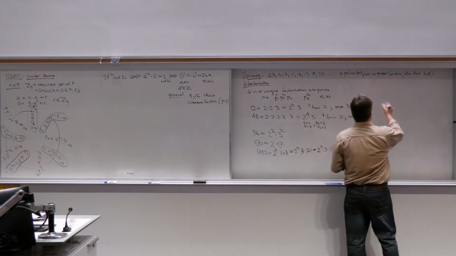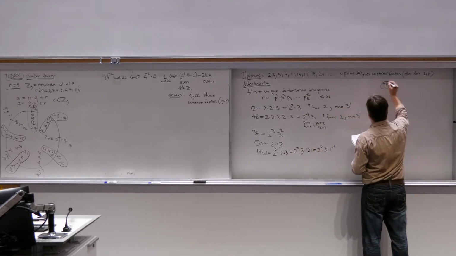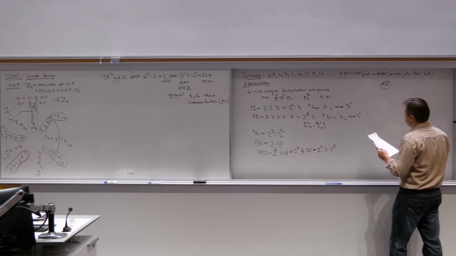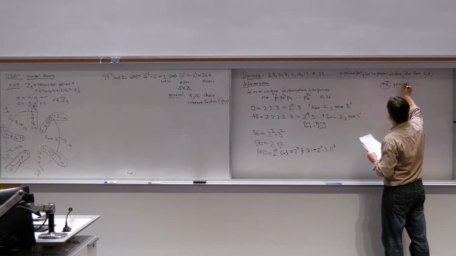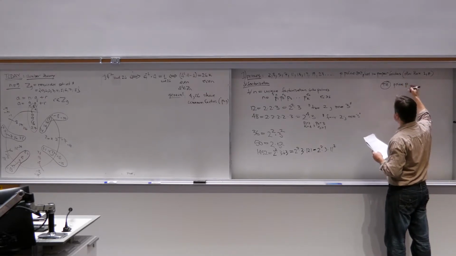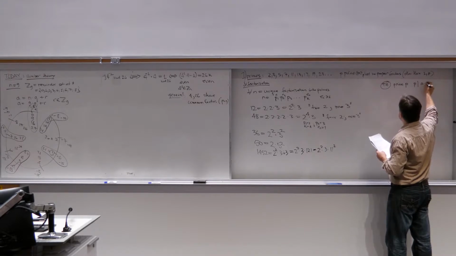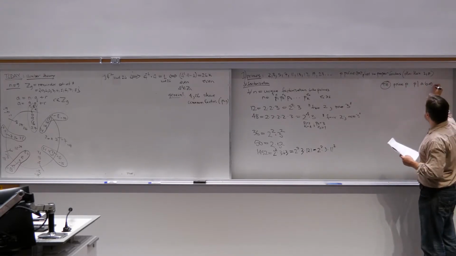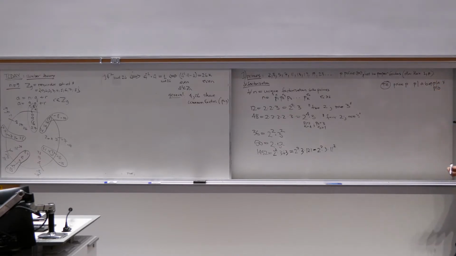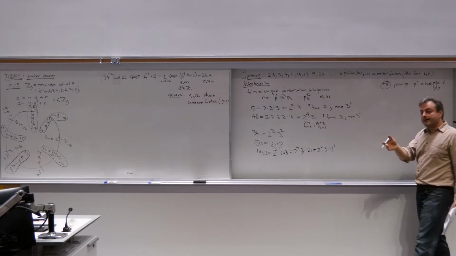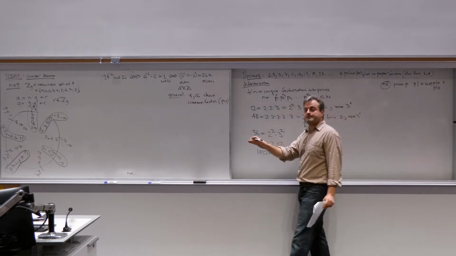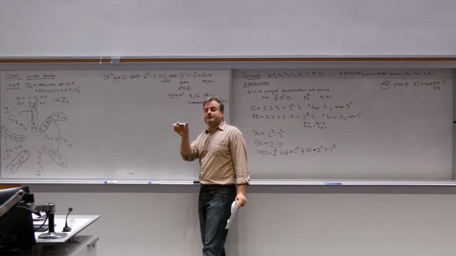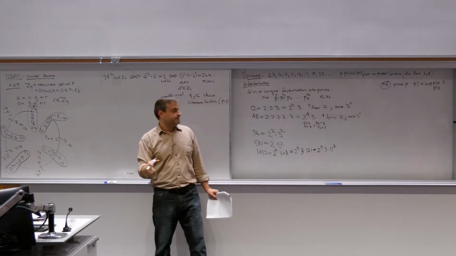So now we have another theorem that says if P is prime and P divides a product, it implies P divides one of the factors. So when a prime divides a product of things, it's gotta divide one of the factors.